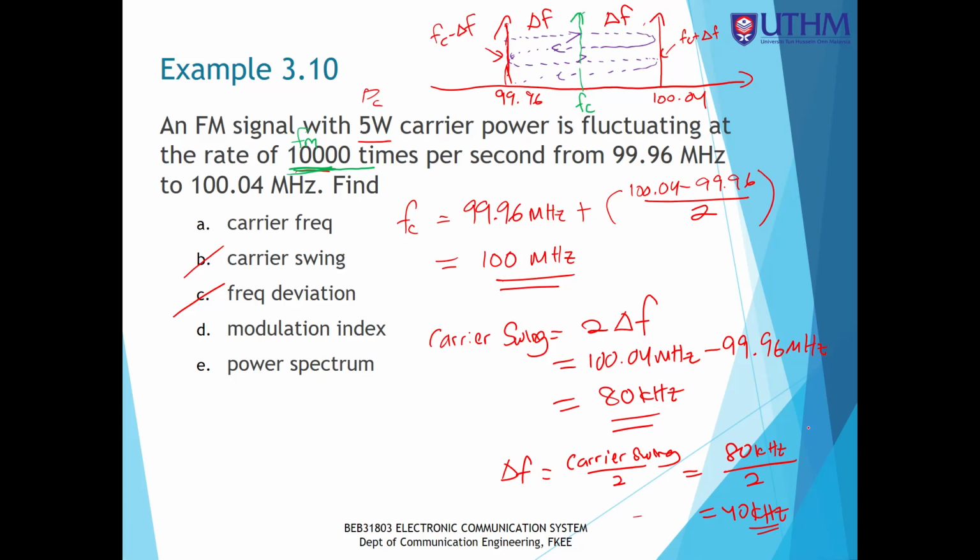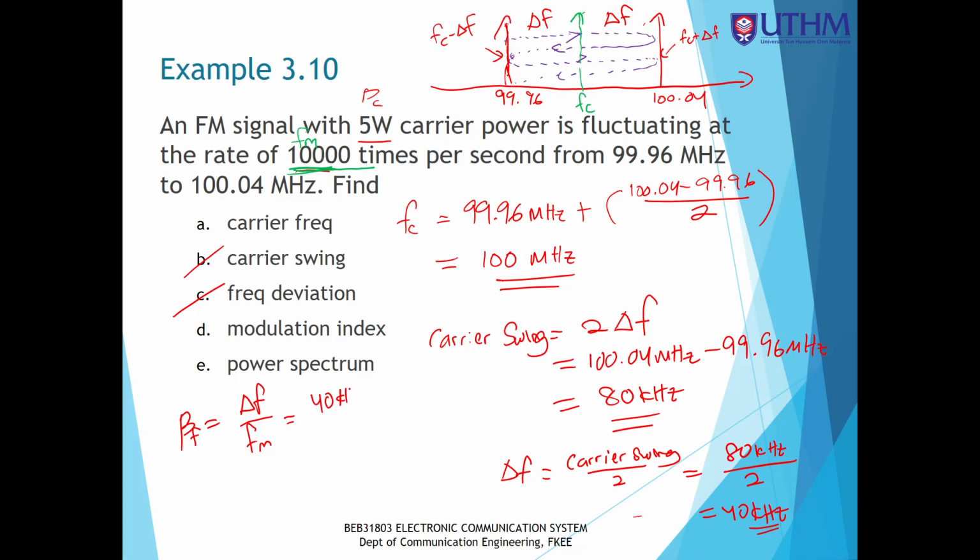Then find the modulation index beta. How to find the modulation index? We know Fm. Modulation index beta F is equal to delta F over Fm.